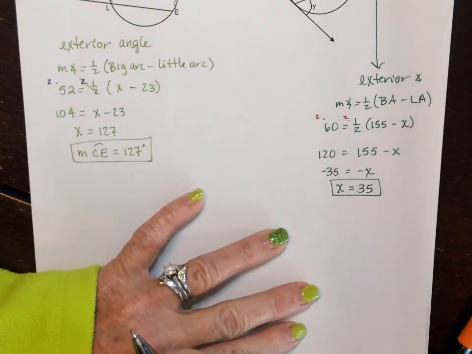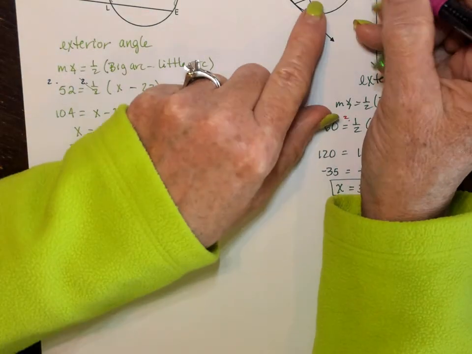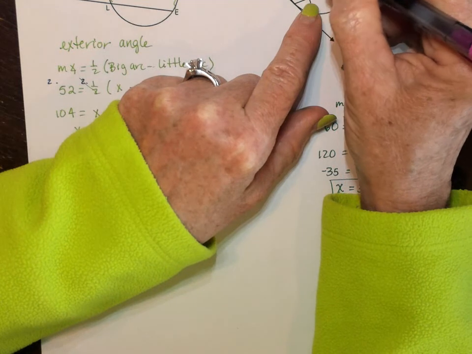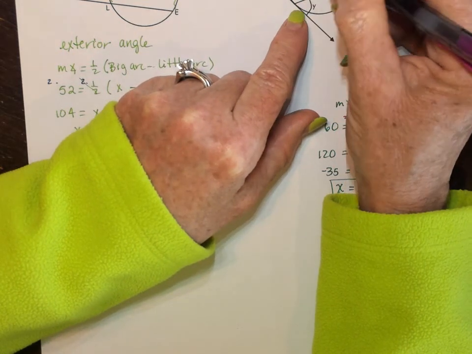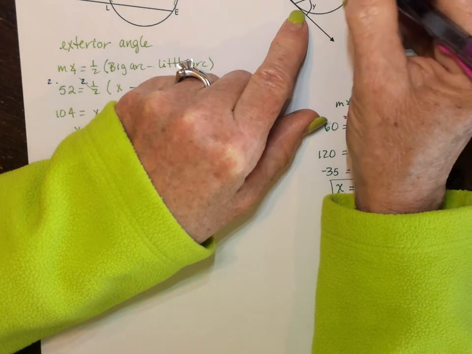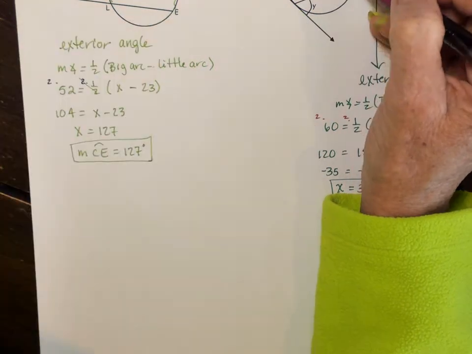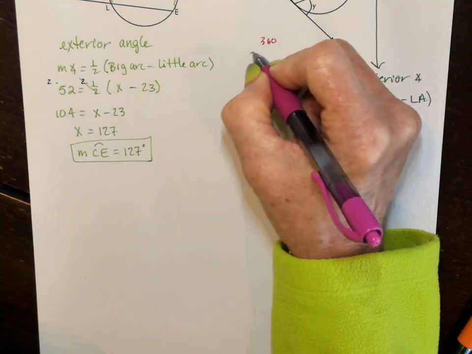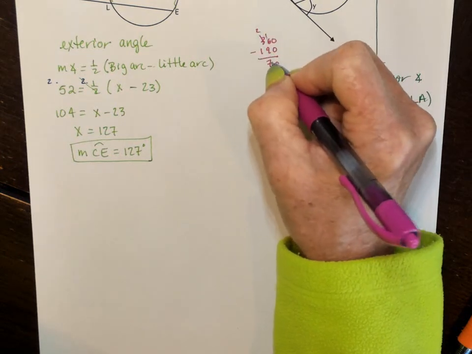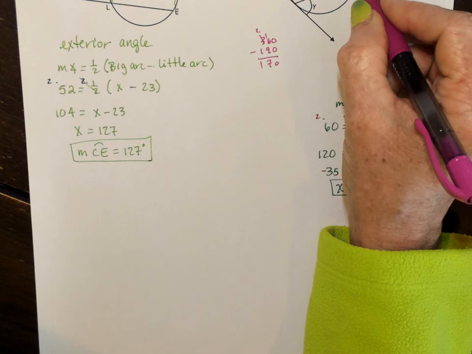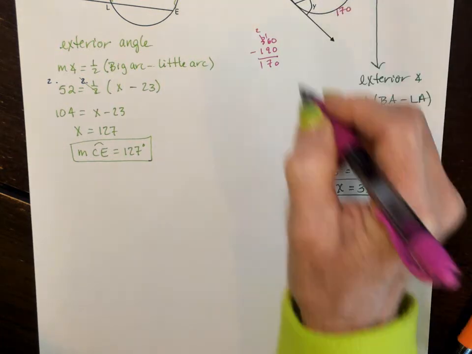Now, once we have x is 35, we can start to think about finding y. Because look at this arc right here. This is the 35 plus 155. 35 and 155 is 190. Then if I do 360 minus 190, that's 170, which means this arc is 170.